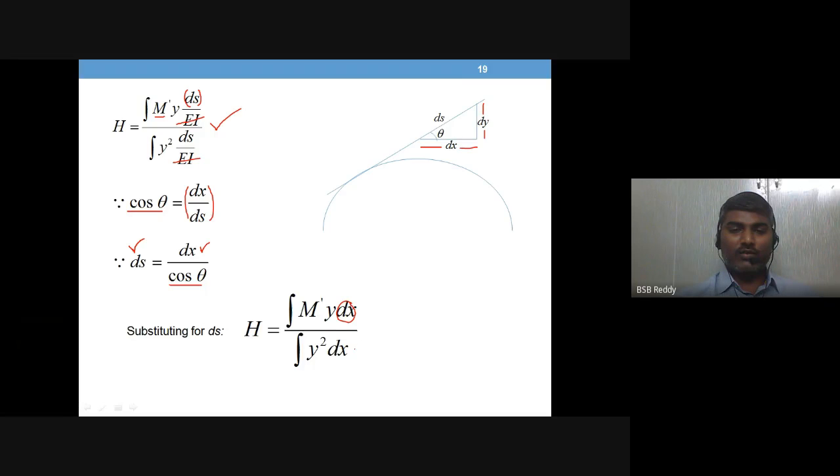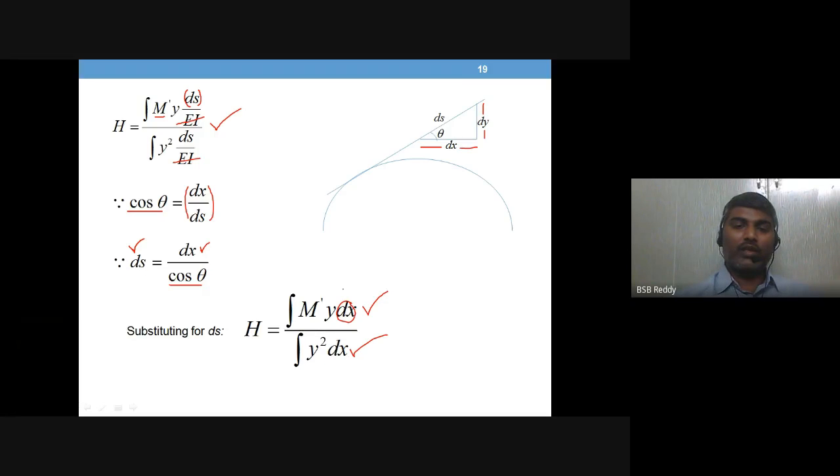So finally you are going to have a simplified formula for parabolic arches in case of two hinged arches. Okay, so for two hinged parabolic arches, you can use this formula for evaluating horizontal thrust, right? So that is integral m dash y dx divided by integral y square dx.